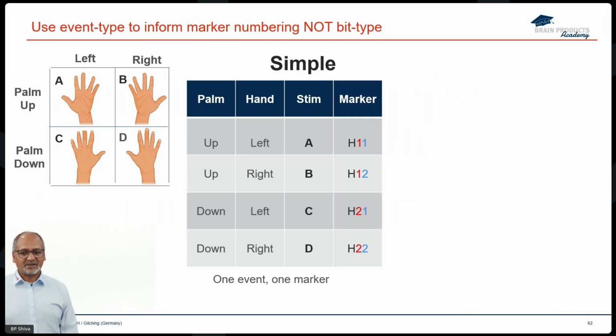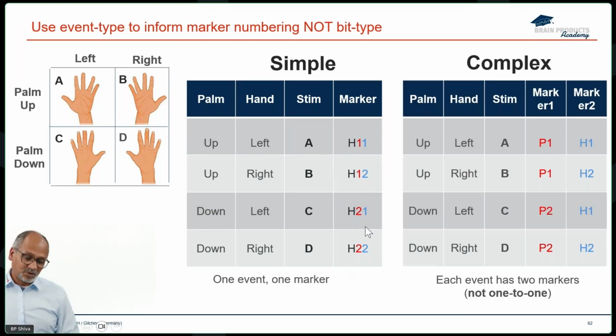And the final one may look a little tricky. Remember that the event type should not be confused with the bit type, the one that we talked about to separate information from different senders. So if you want to come up with a marker scheme that keeps this factorial structure intact, say, for example, these are possible markers. The first number might represent whether the palm is up or down, and the second could be whether the hand is left or right.